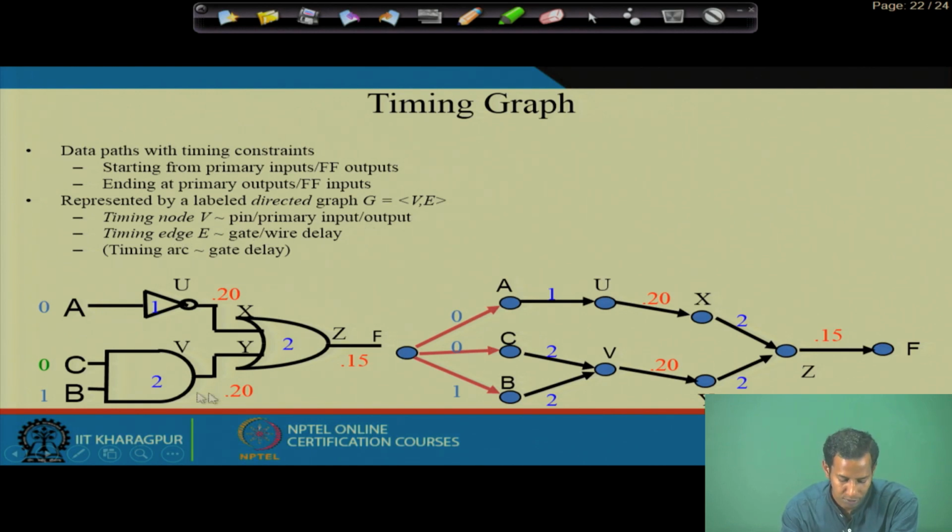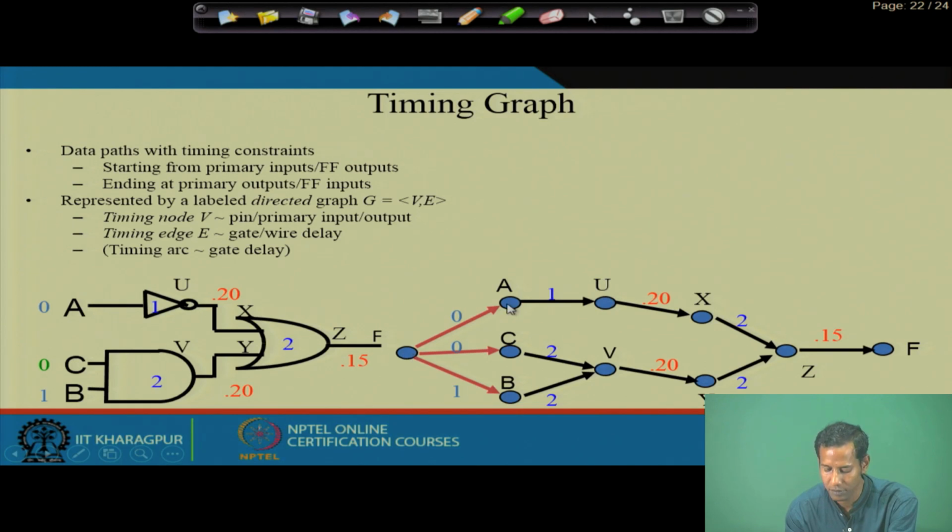From this circuit, if we make the corresponding timing arc, it may look like this, where this is the starting point, the source node.